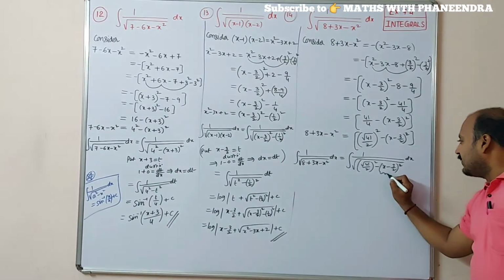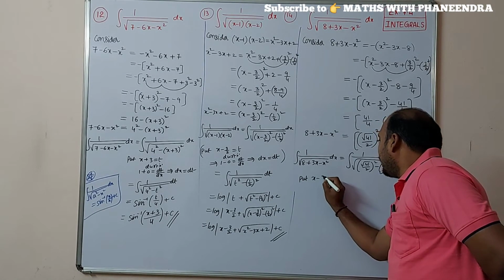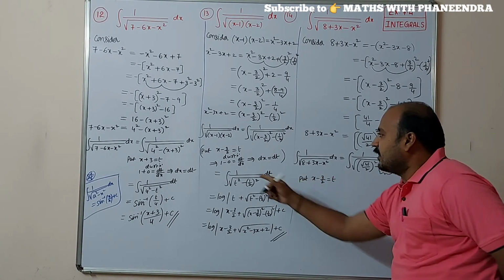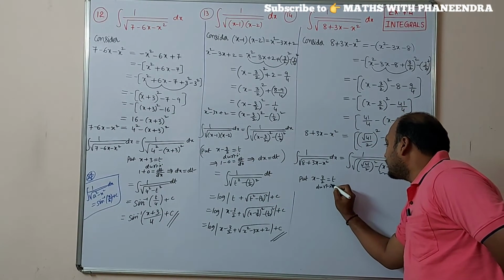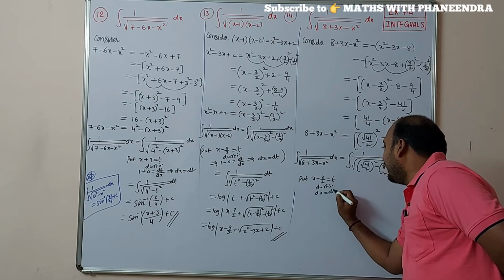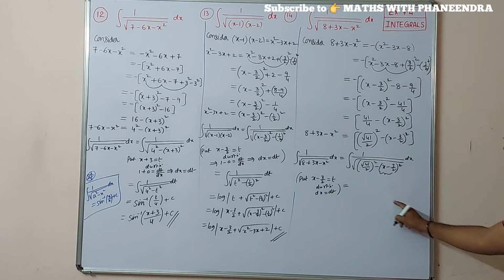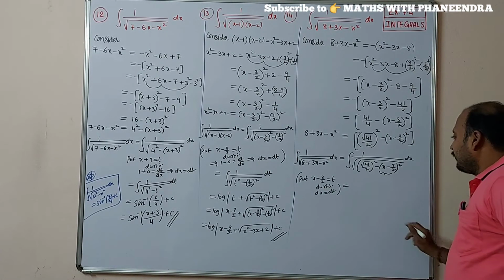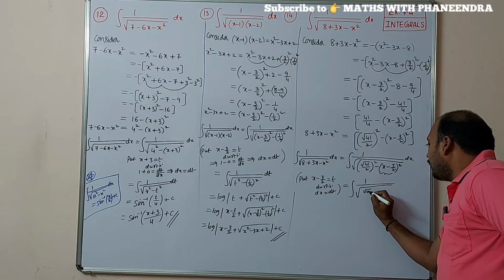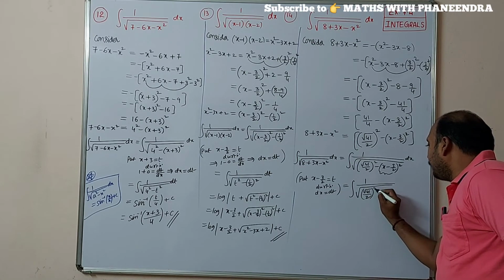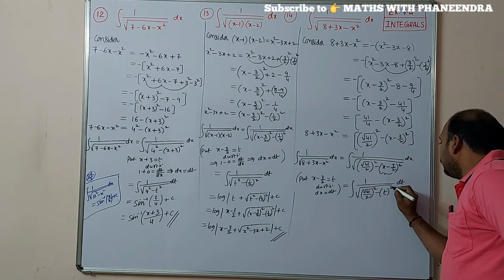Again this value we can assume as t. So put x minus 3 by 2 is equal to t. Same procedure, directly I am writing. Differentiate with respect to x. So dx is equal to dt, which is equal to integral 1 by square root of root 41 divided by 2 whole square minus t square into dt.